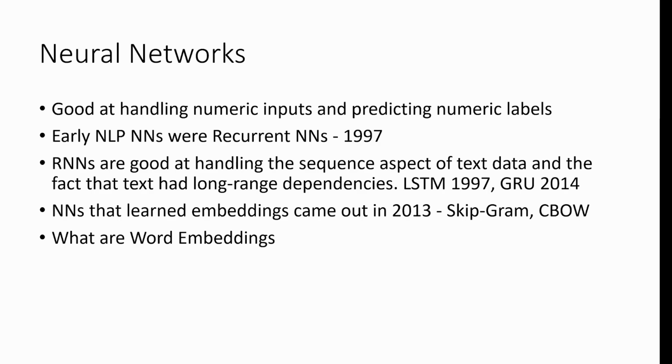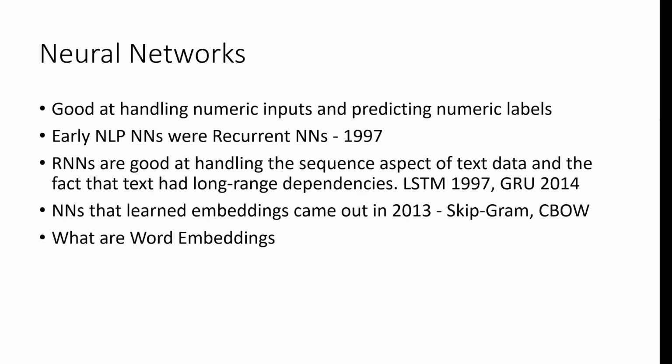And some of the first neural networks were recurrent neural networks, and they were good at handling the sequence aspect of text data and the fact that text had long-range dependencies. And long-range dependencies are important because in long sentences, the subject is affected by words up until the end of the sentence, which can be a very long sequence or a long range.